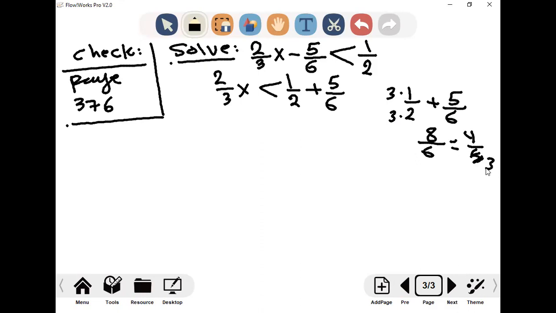Take it here: 2 over 3 x less than 4 over 3. I didn't do it as a mixed number here because I will divide; I need the fraction.